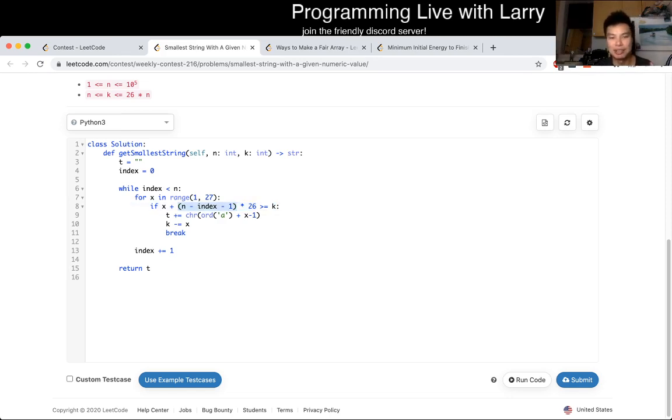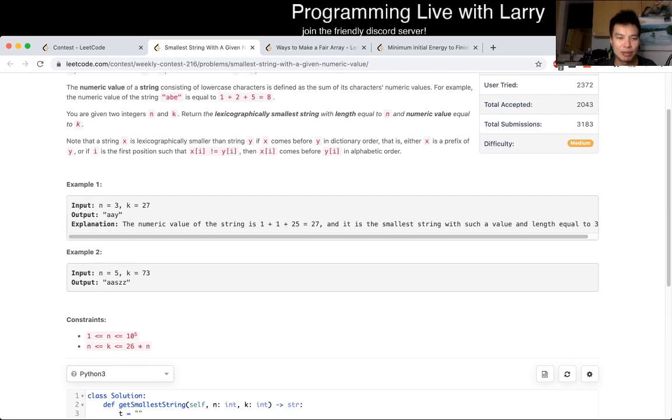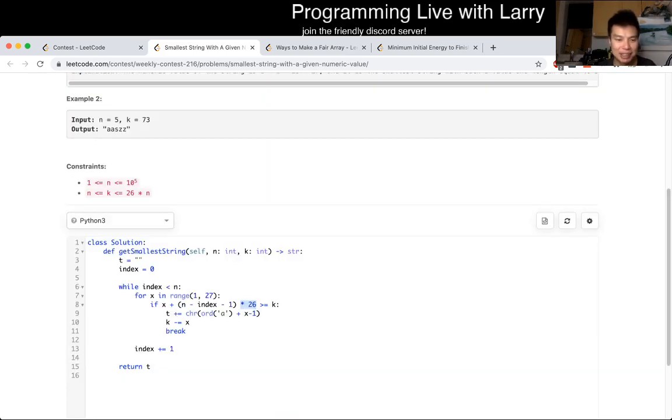If the rest of the characters are all Z's, with the characters left times 26, can we still create a string with this sum or greater? If the answer is yes, then we just put it here, because we know that if we put a Z on all the other characters, we could still find K somehow. So that's basically the idea here.